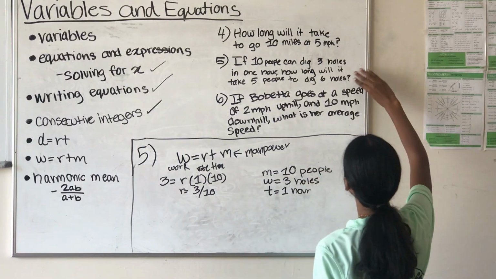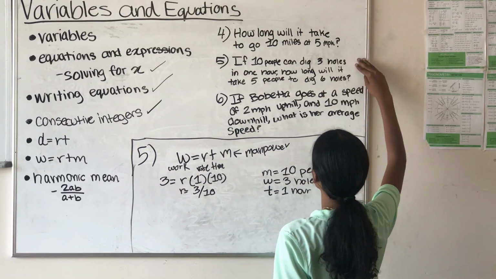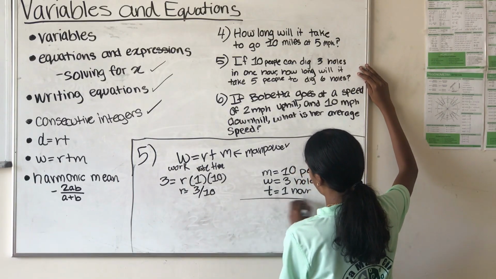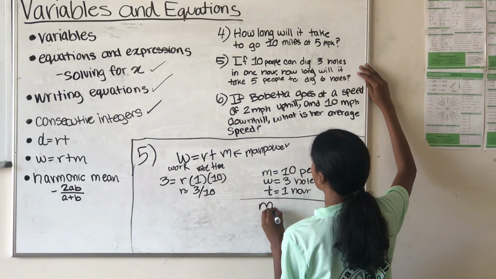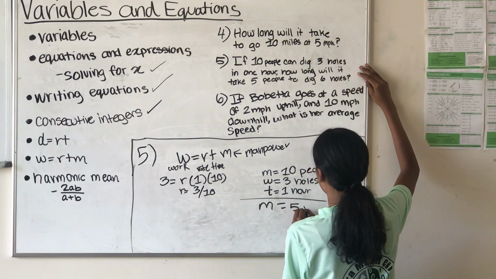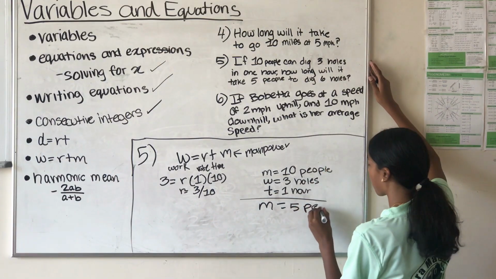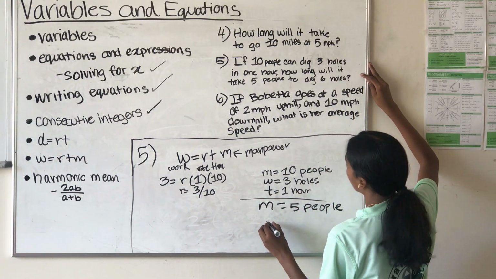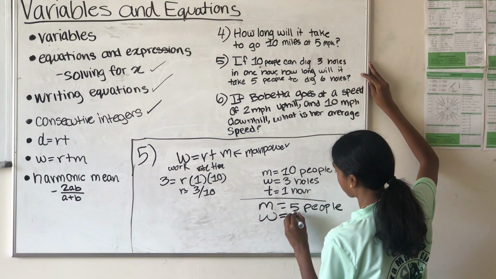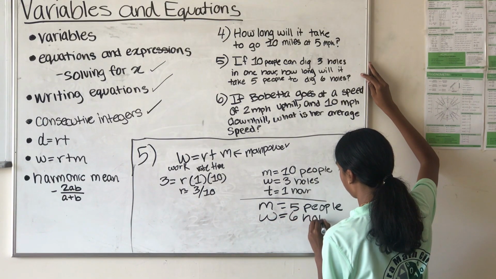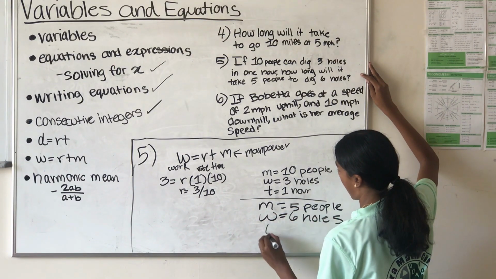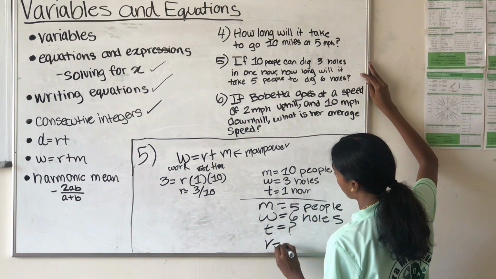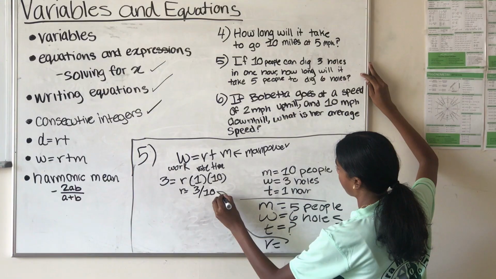So now we have to find the time for the second scenario, where the manpower is equal to 5 people. We're given the work is 6 holes. The time is what we're trying to find, and the rate we already found right here.